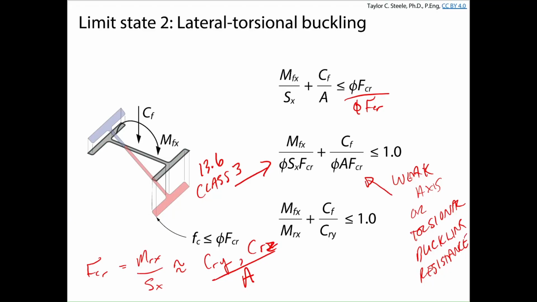If we make those stresses more or less similar, we can express it as an interaction between the strong axis bending moment and the unbraced resistance of that beam, and the factored compression force divided by the weak axis buckling resistance of the column. Are there any questions about that concept before we continue?